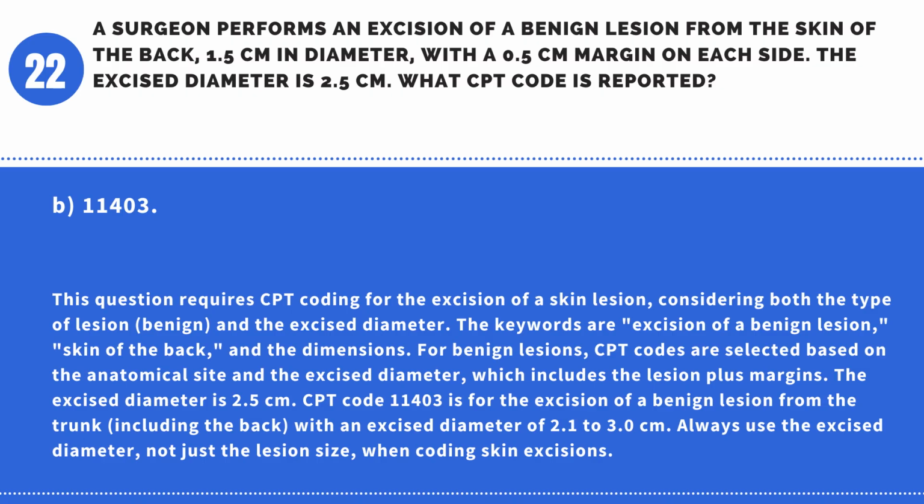The excised diameter is 2.5 centimeters. CPT code 11403 is for the excision of a benign lesion from the trunk, including the back, with an excised diameter of 2.1 to 3.0 centimeters. Always use the excised diameter, not just the lesion size, when coding skin excisions.